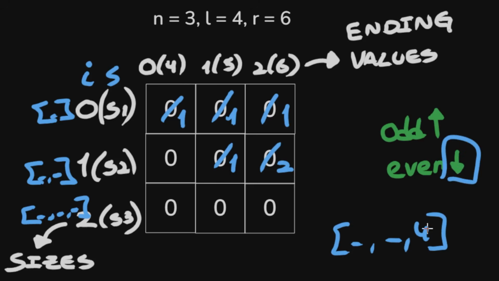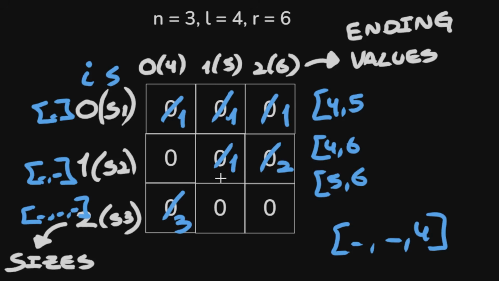If we end up going down, this means that the previous number has to be larger than 4. So where do we have the result of these arrays of length 2 where this number is larger than this one? Well, we can take the sum of all the values in the previous row and all the columns from the next column up to the last one. 1 plus 2 is equal to 3, and that's why here we put a 3.